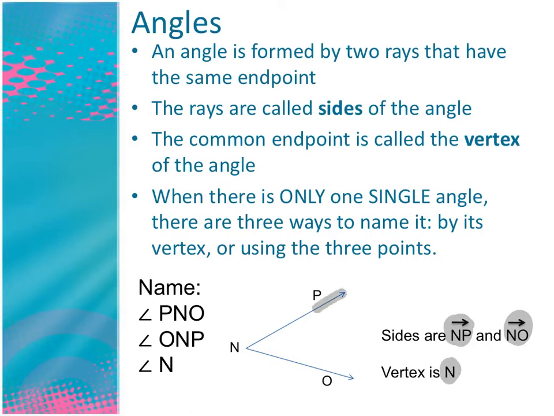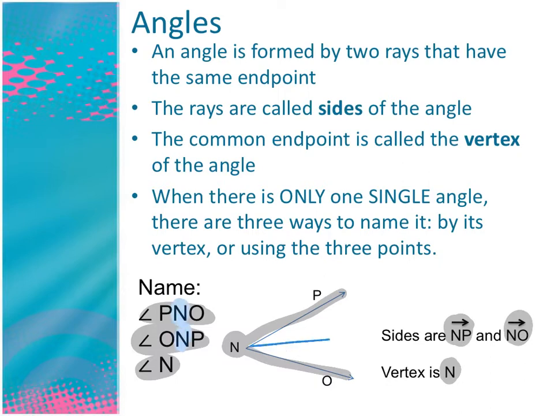And so this is a big thing. If you only have one angle formed, so this vertex only shares one angle, then you can call this angle N, okay? You can also call this angle PNO or angle ONP, making sure that the vertex is in the middle there. So both of these times the vertex is in the middle.